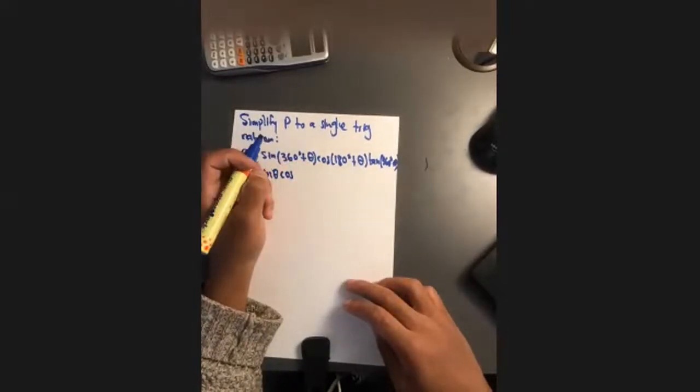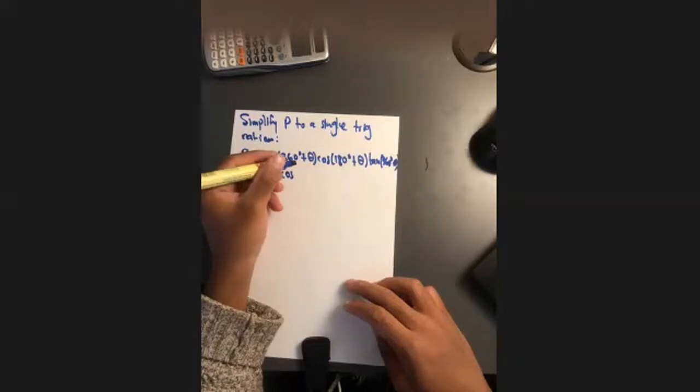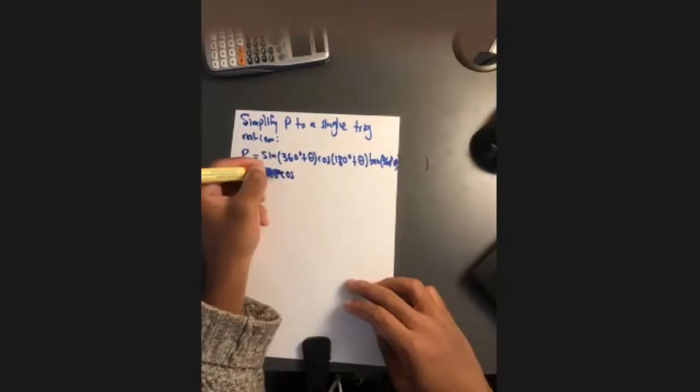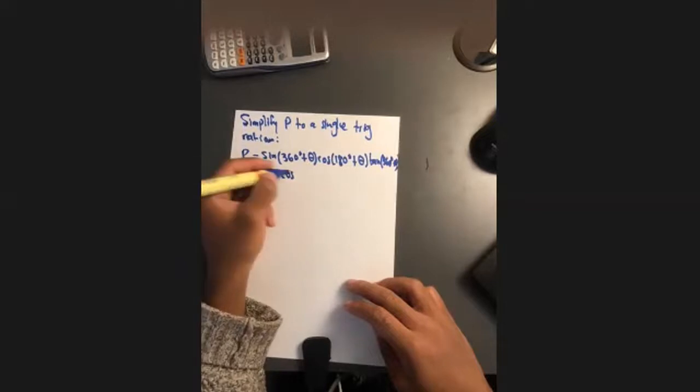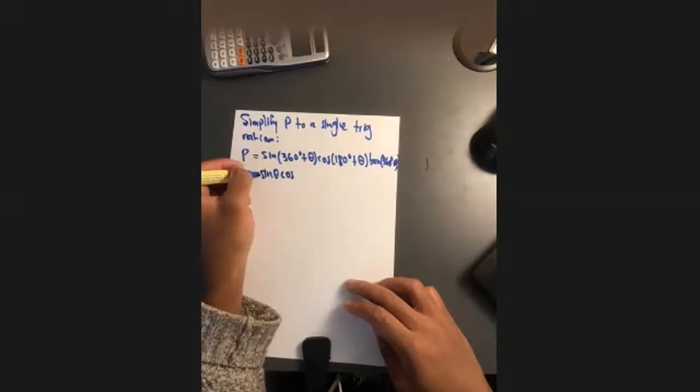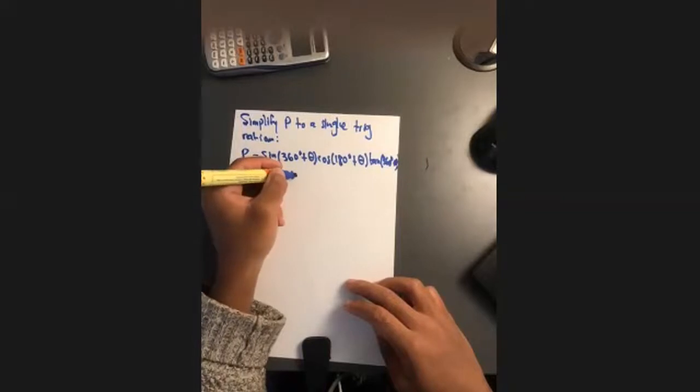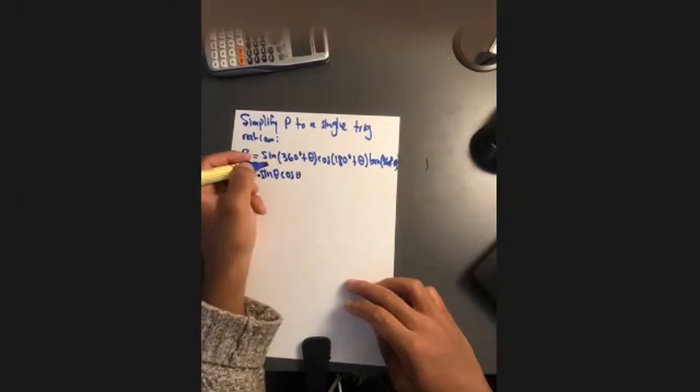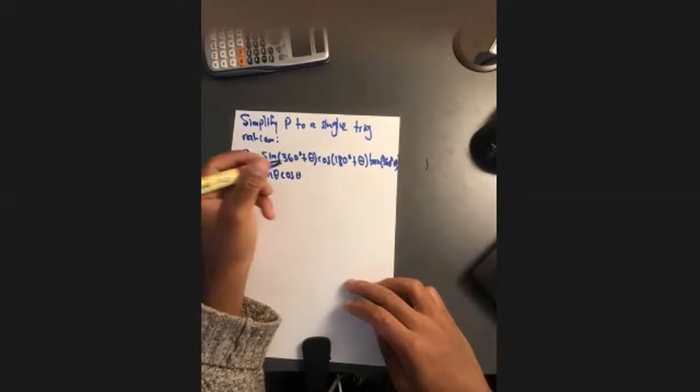In the third quadrant, only tan is positive, which means all the other trigonometric ratios are negative. So it's minus cos, so I'm going to put minus here, and then the cosine of theta. And then the tangent of 360 degrees plus theta, which is this one.